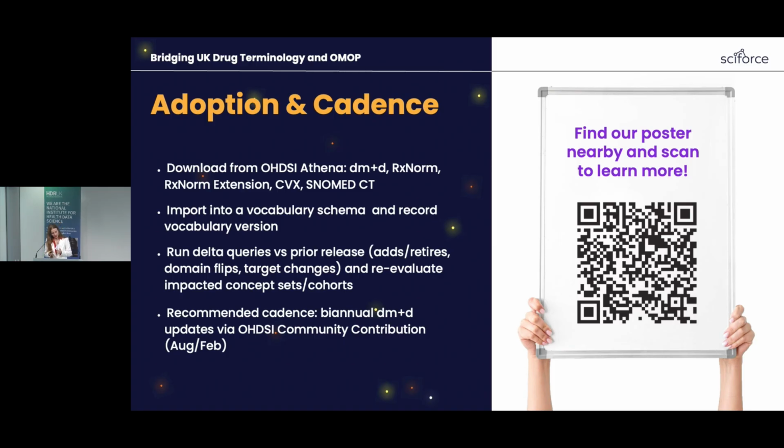What is important is to run Delta queries against prior releases to compare what was before and what you have now using the new version of the DM+D vocabulary. We also recommend a biannual cadence for this vocabulary, refreshing it biannually, but it's also possible to do it once per year.